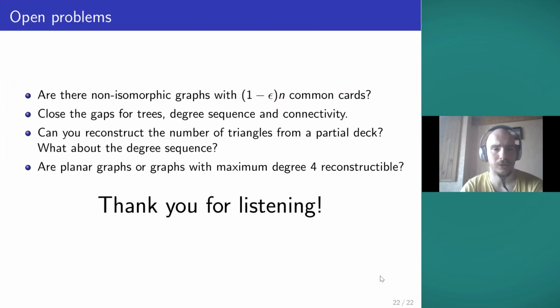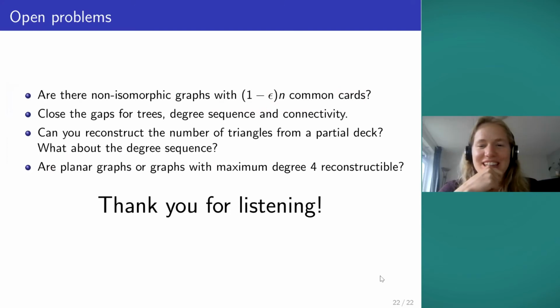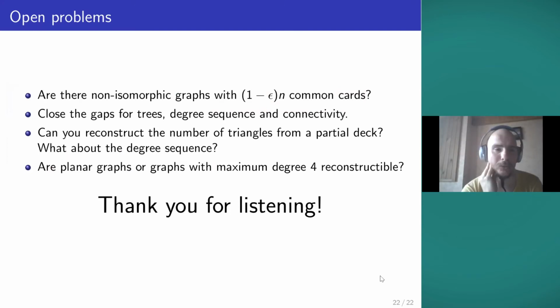Carla, I also had a small question. What if you're given a random subset of cards? Like you have your graph, and then out of n cards, you're given randomly half of all the cards.